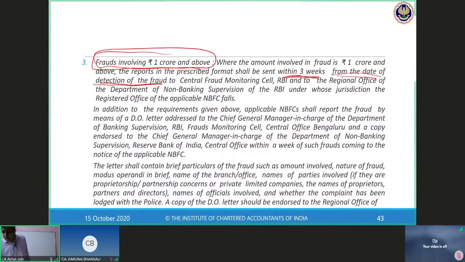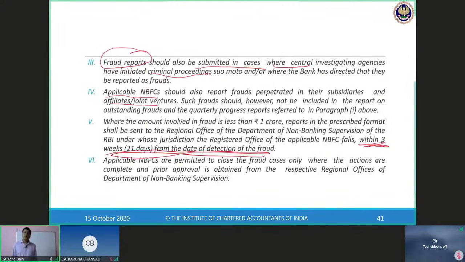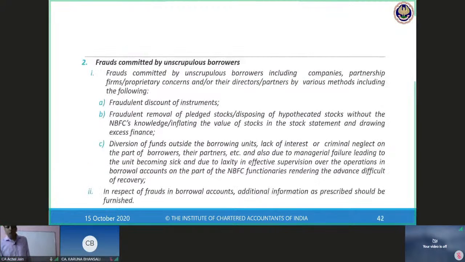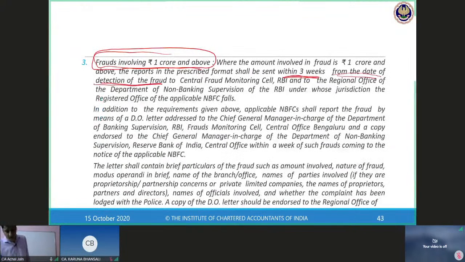Please remember, this is different from what we have discussed in the first category. The reports go to the Central Fraud Monitoring Cell of RBI, and also to the Regional Office of the Department of Non-Banking Supervision of RBI, which we just discussed. So it will go to two parties, the Central Fraud Monitoring Cell and that regional office.